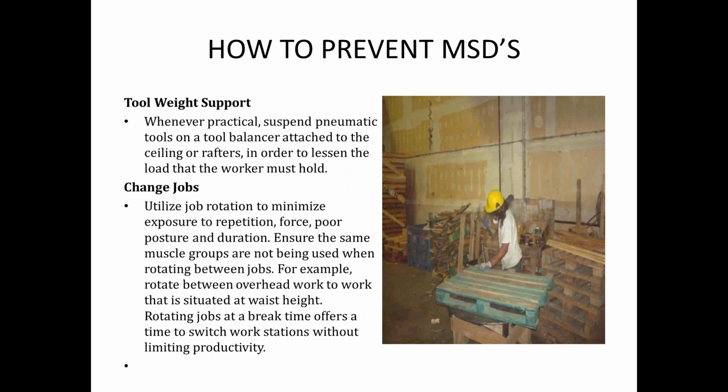Other examples are tool supports or tool balancers. So in the picture you see somebody operating a device where they're prying up a board, but the use of nail guns is a particularly sensitive issue in our workplace, and I think the guidance would be that if you have tools weighing over 8.5 pounds each, you would employ a tool balancer, and anything under that, you're fine to just leave the tool as is.